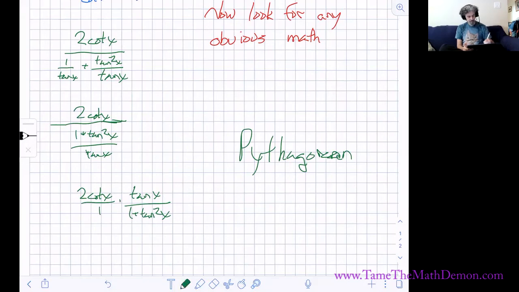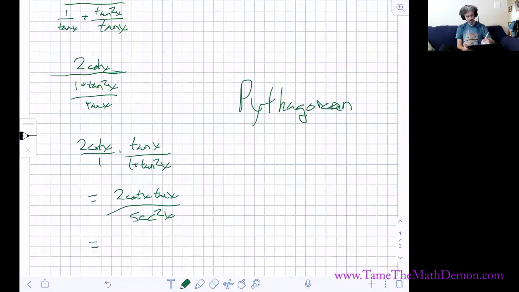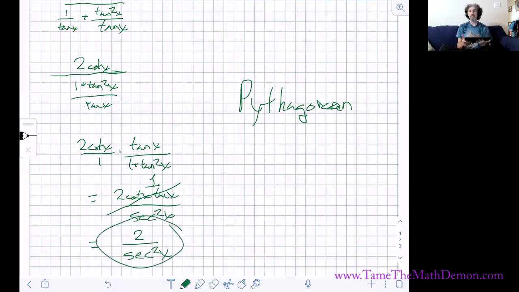That is secant squared. And furthermore, cotangent and tangent being reciprocals of each other, they just become a nice big 1. And so I have 2 secant squared of x, which is exactly where I was supposed to wind up.